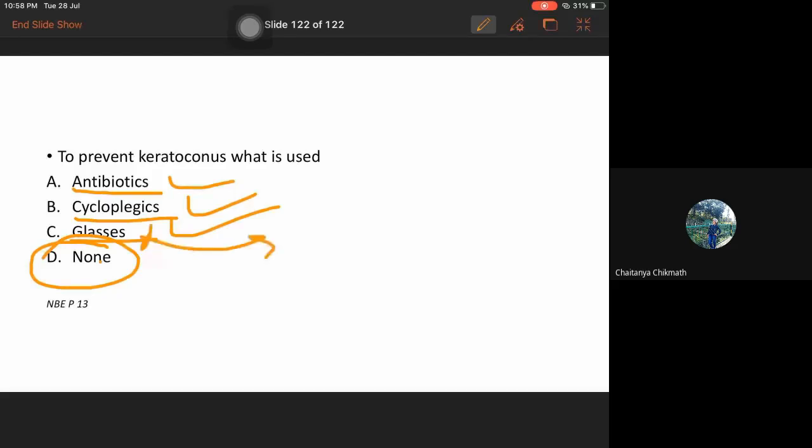Tell me. See, keratoconus can be prevented. Suppose you have a patient having trauma due to frequent rubbing. Just prevent the frequent rubbing by treating the underlying cause. For example, if you have vernal keratoconjunctivitis, you ask the patient to stop rubbing the eyes, and for the VKC, you start the patient on steroids and the relevant drugs. Very simple.